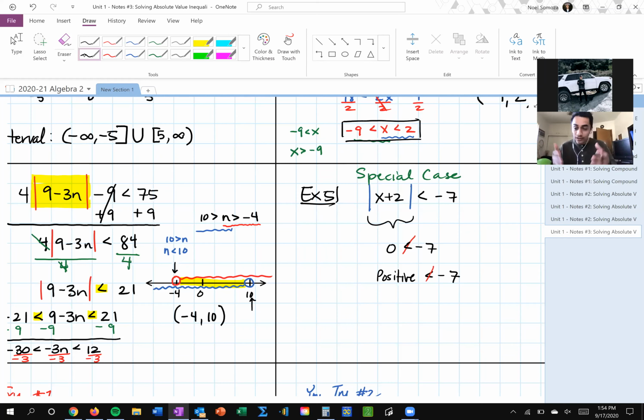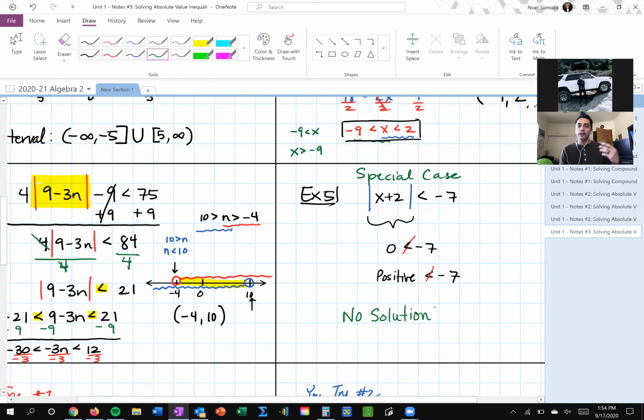But because this is the inequality we have right now, we can't just magically multiply a negative in there and hope for the best. So in this scenario, you can get no solution as well.